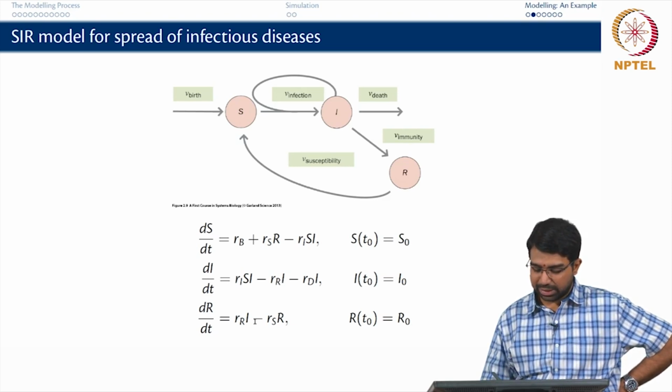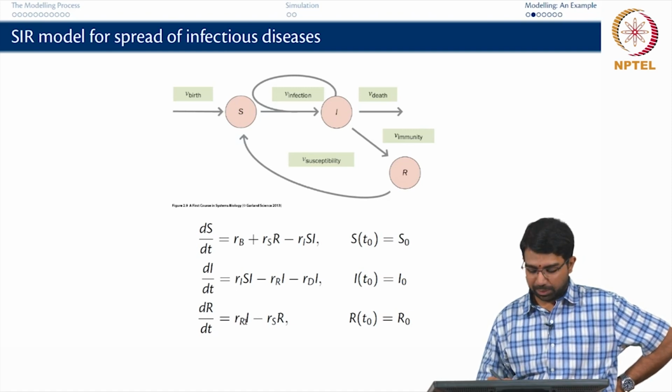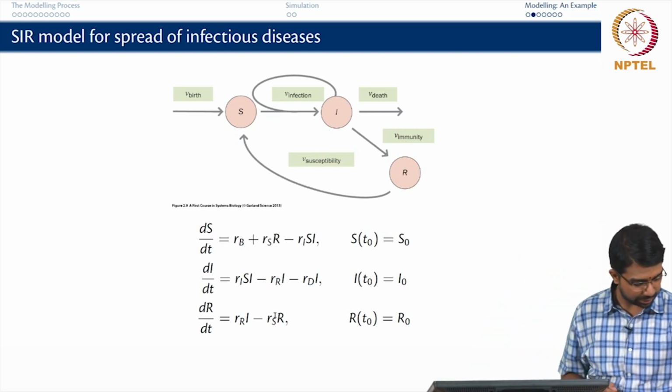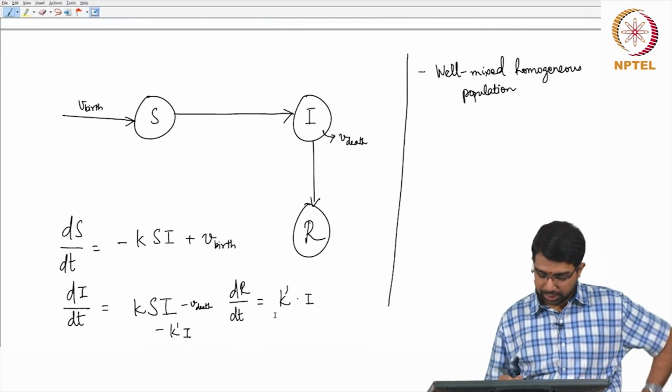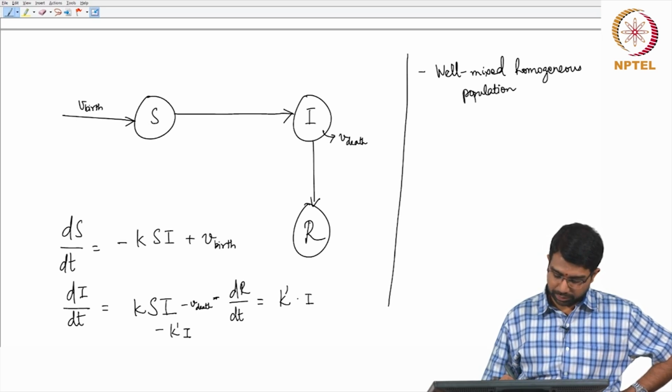So, dr by dt will be some rate of how the infected people recover minus how the recovered people actually become susceptible again, right. So, this is very similar, except you may want to, instead of v death, use a k death into I and so on.